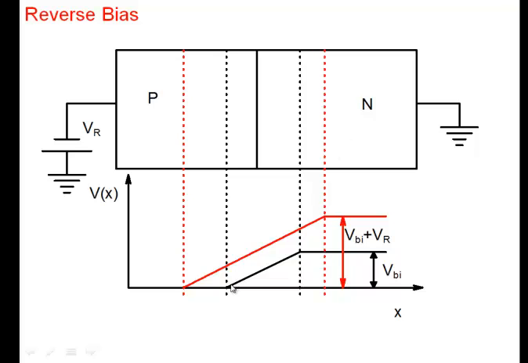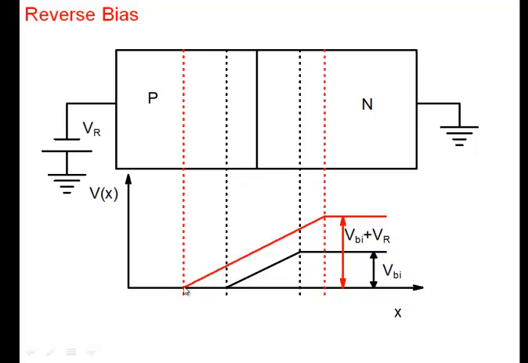So this is the picture that we have earlier. The one between the black lines here, that's at equilibrium. And we have this built-in voltage here. When we apply a negative bias, what happens is electric field increases, depletion width increases. So depletion width goes to these red lines here that you see here. It has expanded.